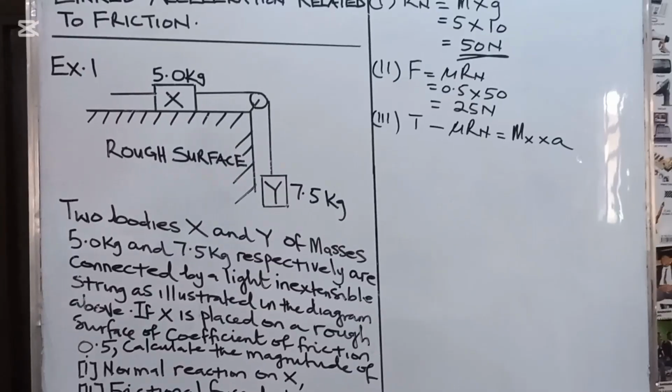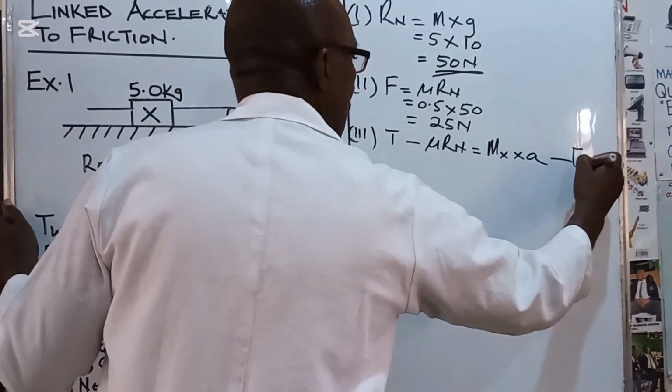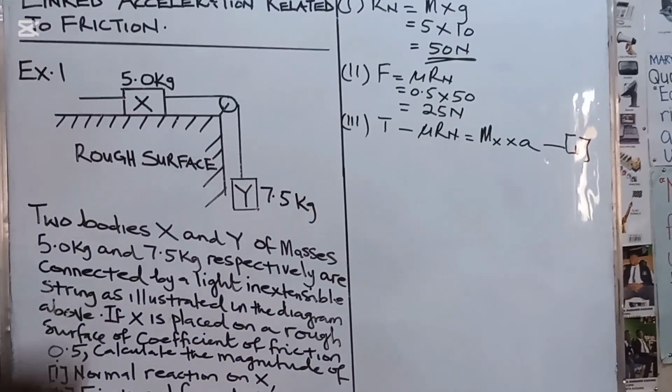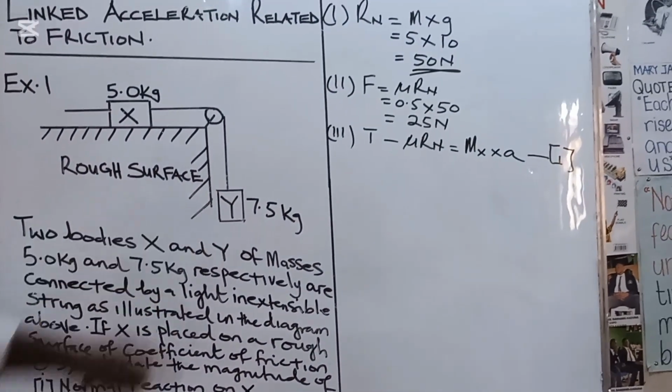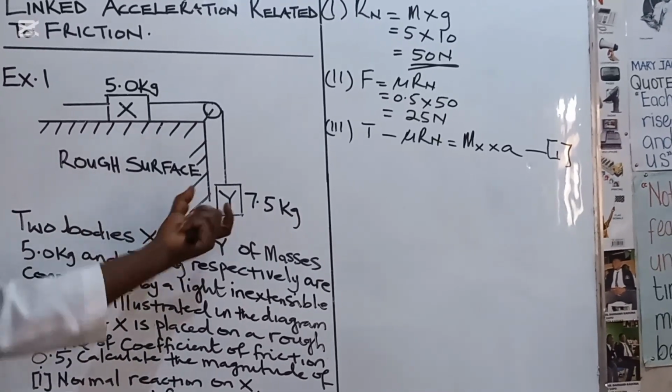Okay? Now if we call that equation number 1, let's look at the second mass, which is the weight of this will be pulling downwards.